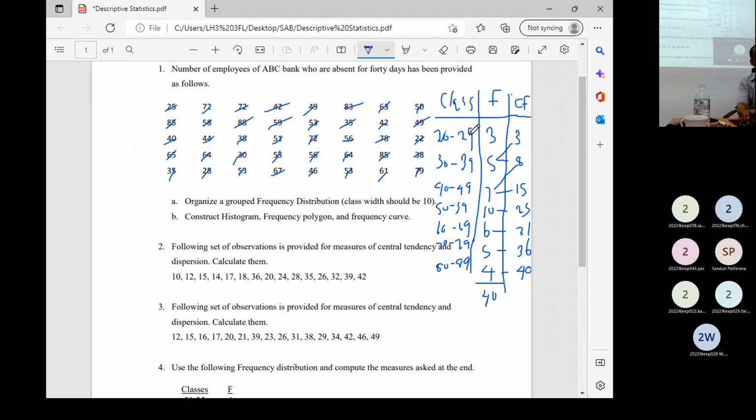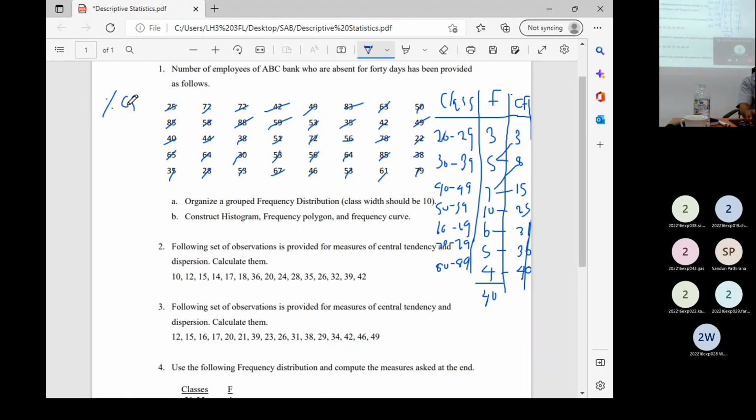If you want to calculate the percentage value, you can take another column, percentage. I write another column here on the right side: percentage of cumulative frequency.